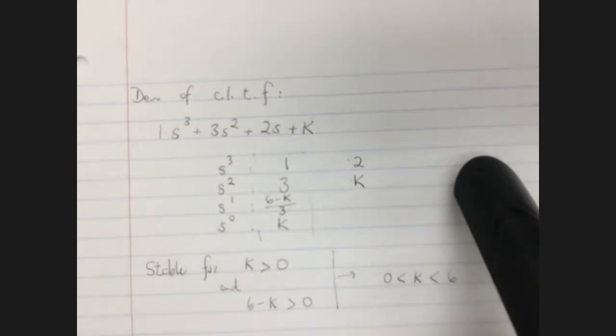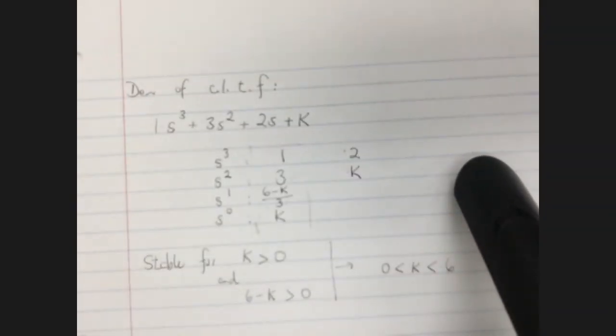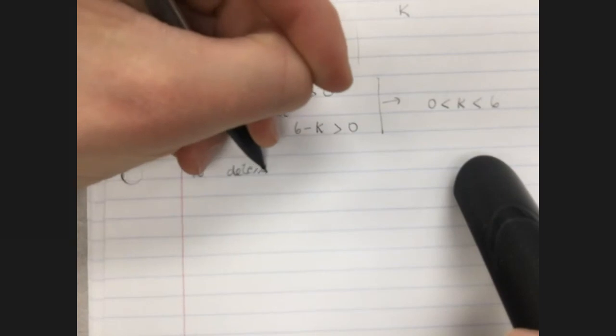And if we wanted to know, okay, yeah, so it's k equals 6, but at what locations? We would use that auxiliary polynomial. So to determine locations of crossings, set up the auxiliary polynomial.